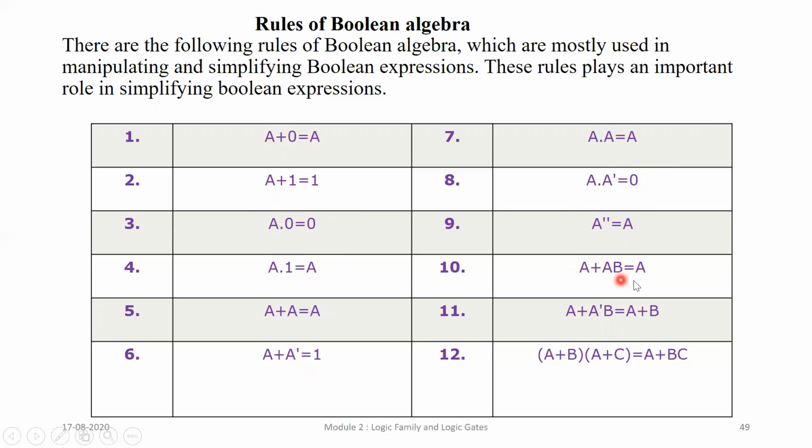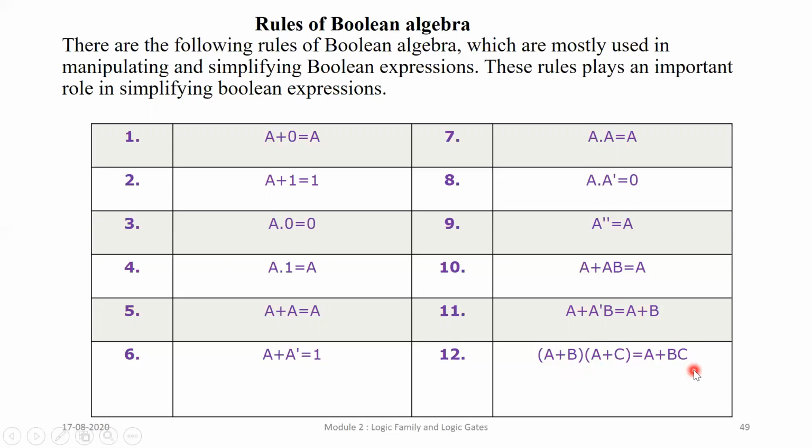Okay, a plus ab is a, yes, we have seen, and a plus a complement b, the complement term will be removed, so we will have a plus b. And a plus b into a plus c, a is common over here, so this becomes a plus bc.